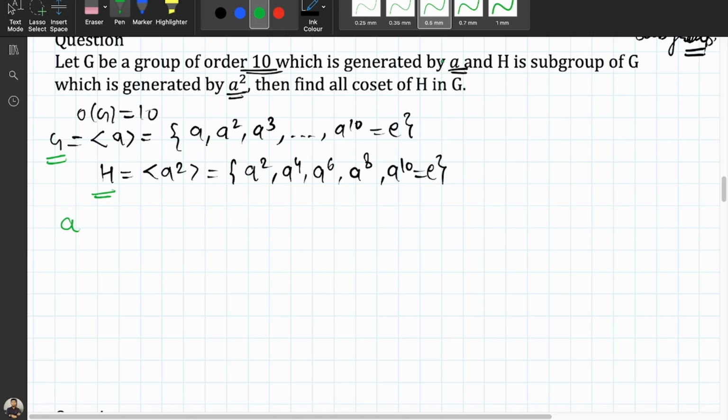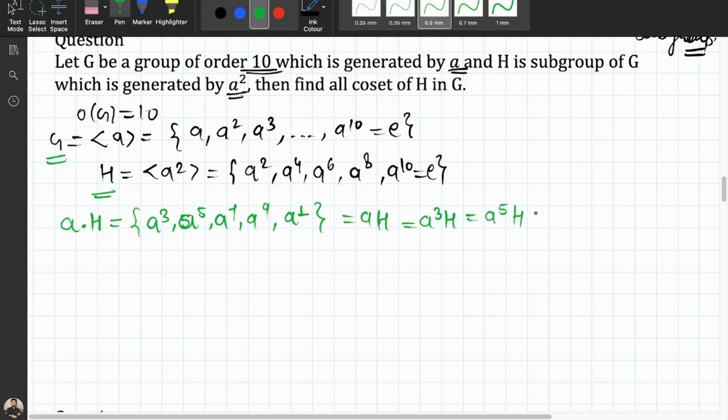Then aH is a times each element of H, which is a cubed, a to the 5, a to the 7, a to the 9, a to the 11, which means a to the 1. So this is nothing but aH, which equals a cubed H, which also equals a to the 5 H, a to the 7 H, and a to the 9 H.